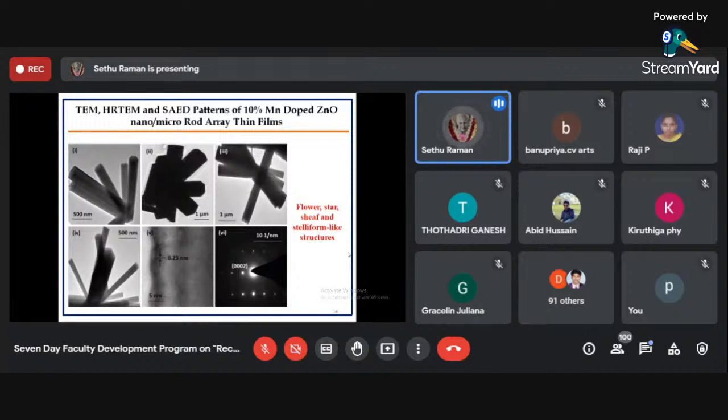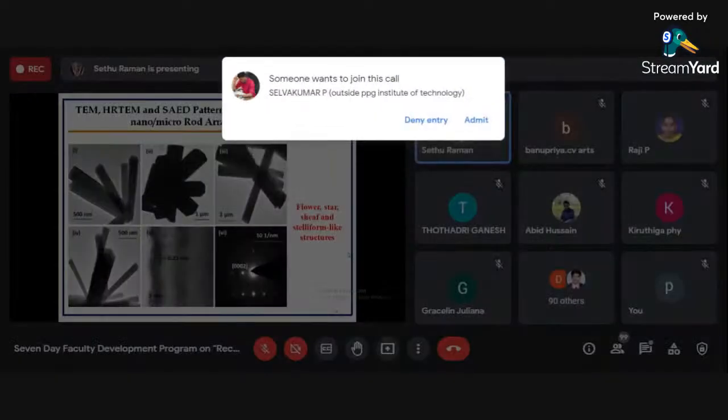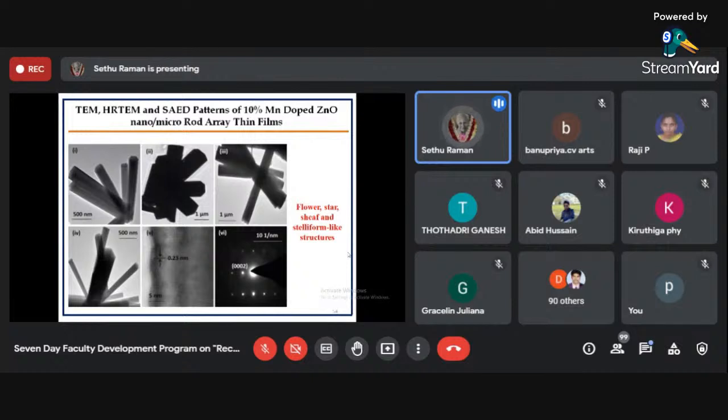It induces fast growth of zinc oxide microrods on the surface of the seeded substrate, completely destroying the nanorod growth and the homogeneous growth on the surface of the seeded substrate. That's the reason we observed microrod array thin films on the surface of the substrate when the doping percentage is 10%.